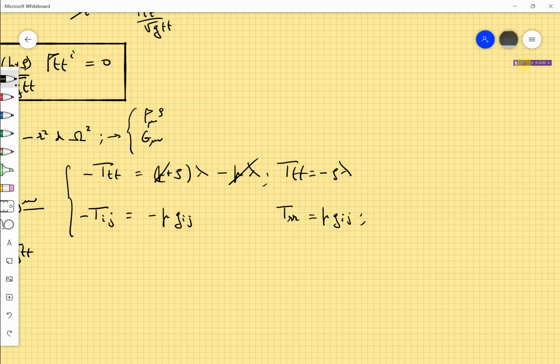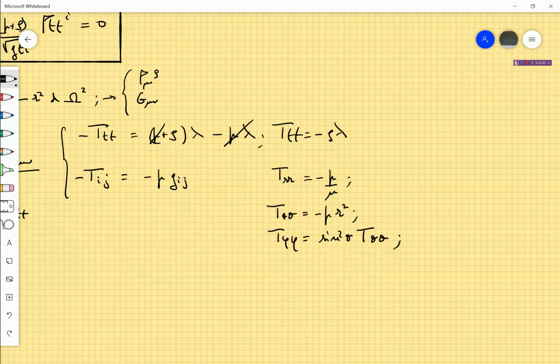So this would be T_rr, and g_rr is minus p divided by mu, then T_theta theta, which will be minus p multiplied by r squared, and then T_phi phi, which we can write as sine squared theta times T_theta theta, just because g satisfies the property that g_phi phi is equal to sine squared theta times g_theta theta. This means that we only need to take into account these three.